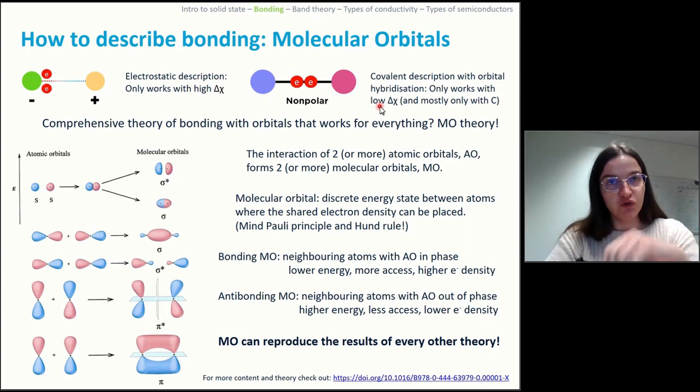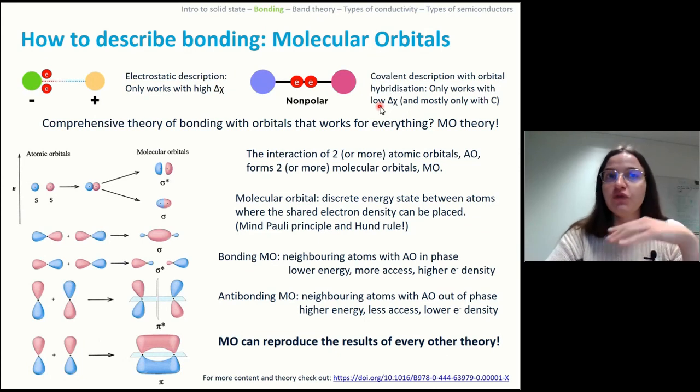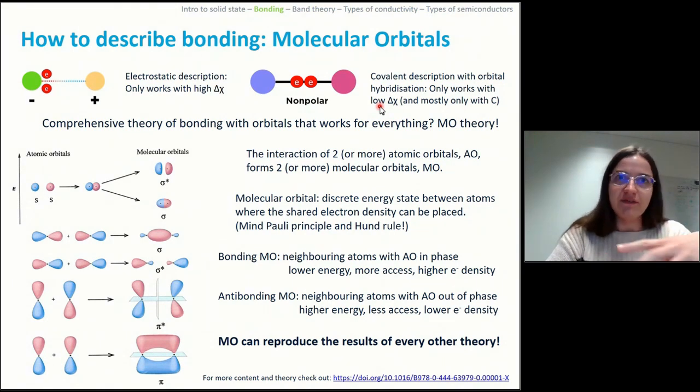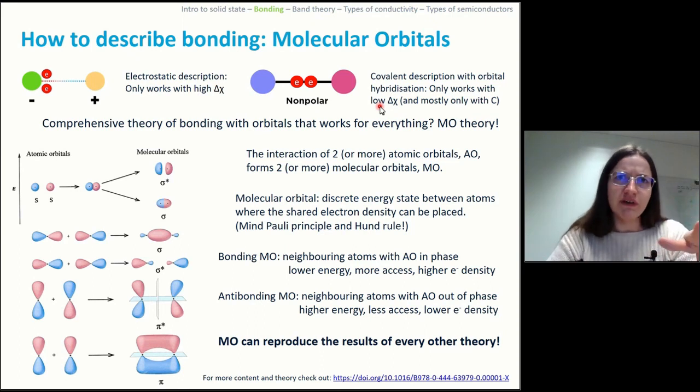So when you want to look at how things interact, how do they scale up, how do you account for the interaction of a lot of atoms at the same time, with possibly unknown levels of difference of electronegativity and coordination and stuff like that, you go with molecular orbitals. It's a bit more complex as an approach, but it works because it allows you to just think about the bond in terms of electron density.